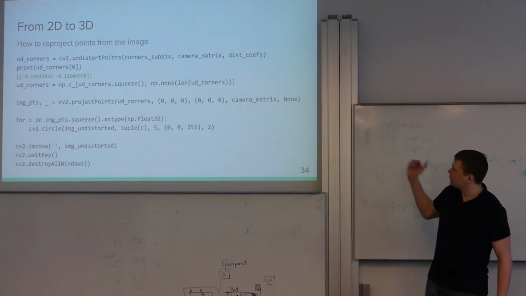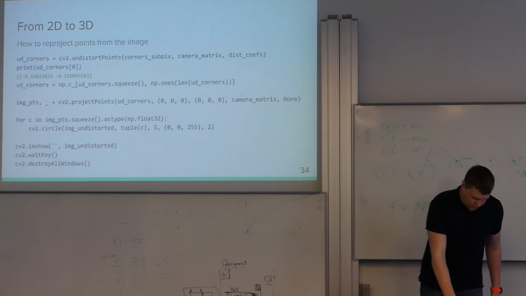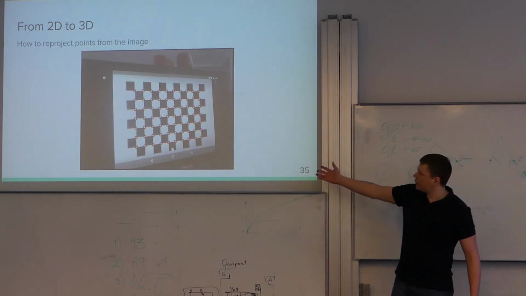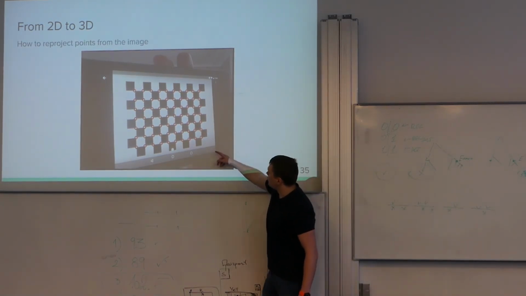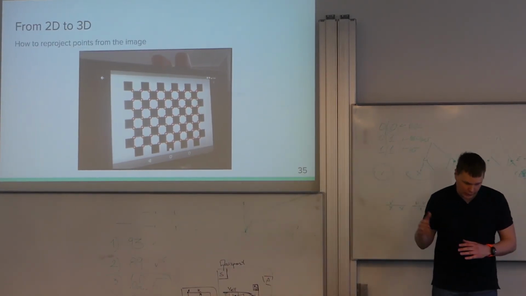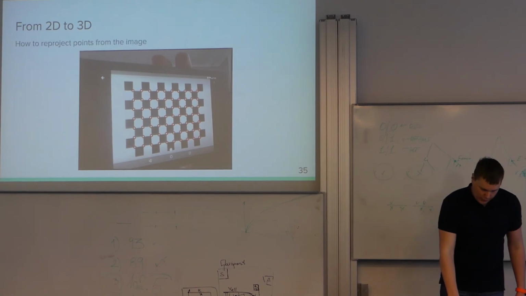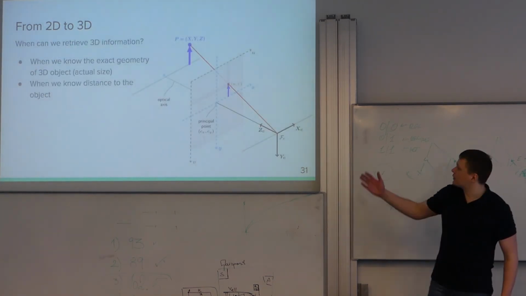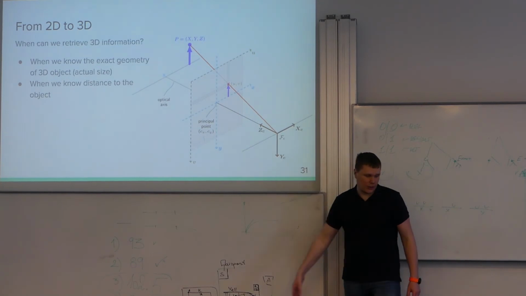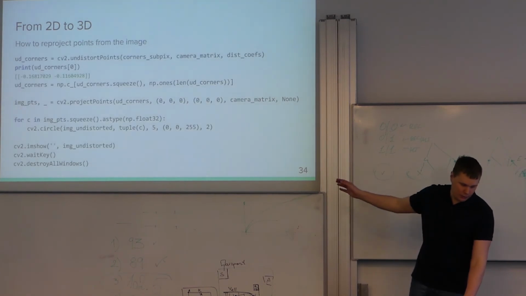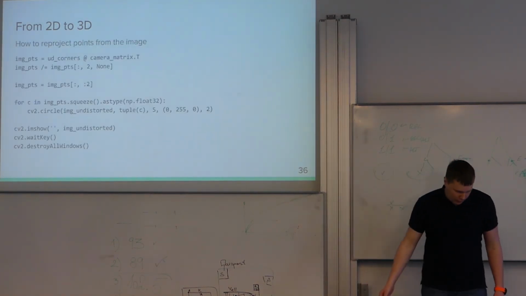And let's display them with the rest of the code. So yes, we have our undistorted image and have our points exactly in the corners. But it sounds like magic. What does project points actually do, and how is it connected with this math? The thing is, we can do all these things by hand.